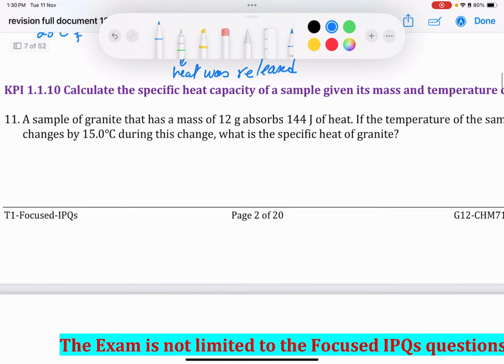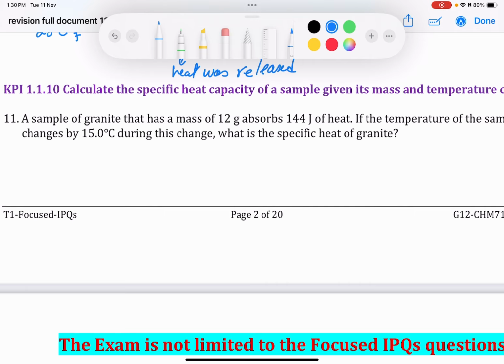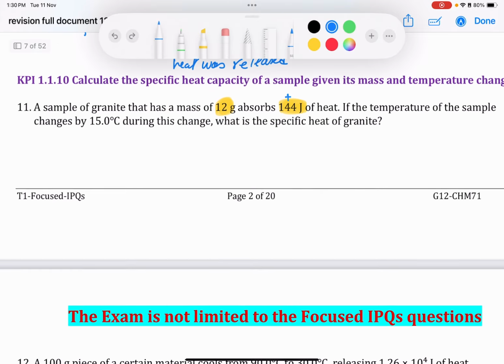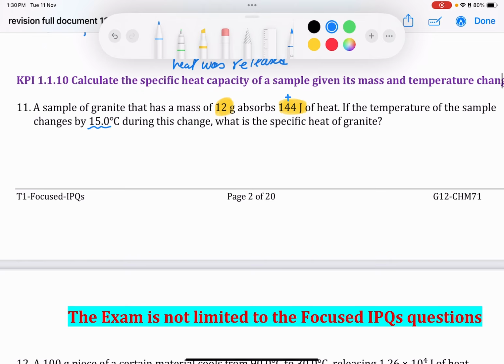A sample of granite that has a mass of 12 grams absorbs 144 joules. When they tell me absorb 144, it means that this value is positive. The Q is positive. If the temperature of the sample changes by 15 degrees, they gave me the delta T. They didn't tell me it changed from this number to that number.